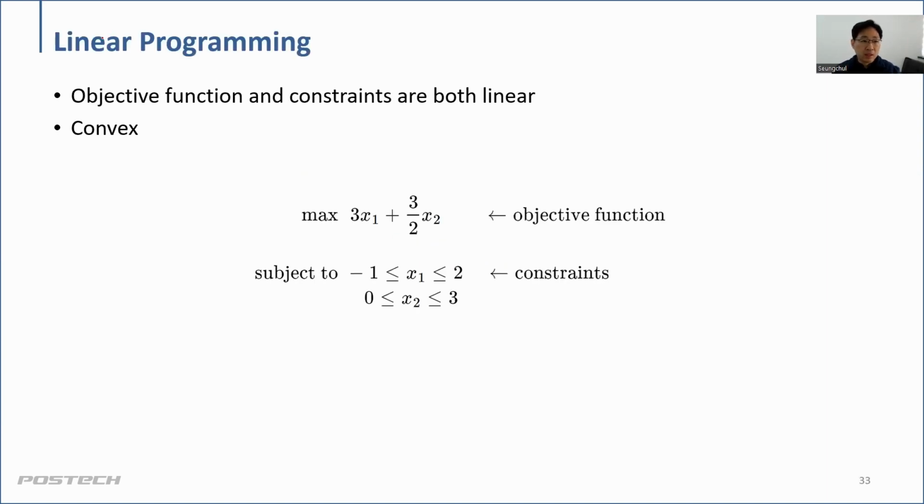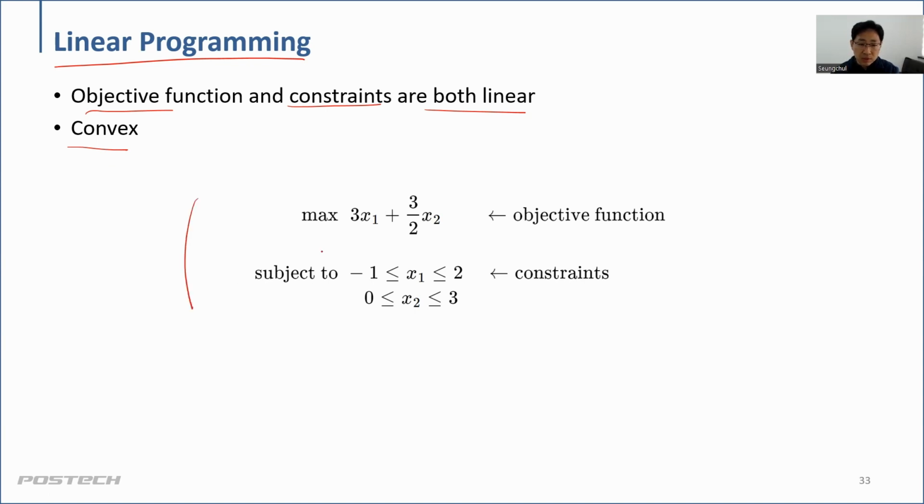So I'm going to show you some examples here, and the title is linear programming. Linear programming is a part of optimization problems. If the objective function and the constraints are both linear, we call it linear programming. Of course, it's convex as well, so we can utilize CVXPY later on.